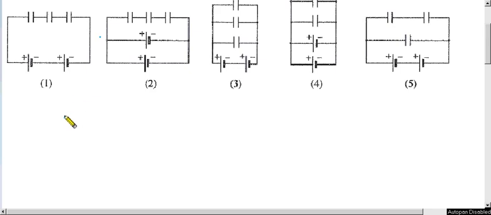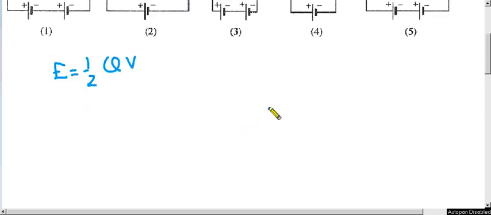So what they ask is energy. Energy is given by the equation half QV, that is the basic equation. How does this equation come? Think of an object, a sphere; the shape doesn't matter.